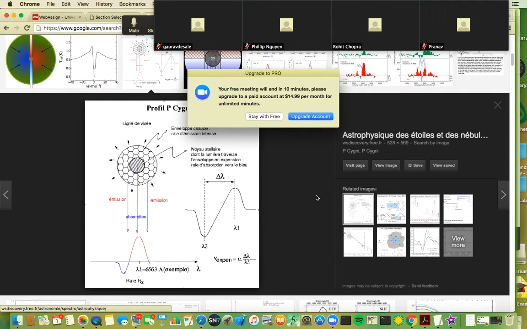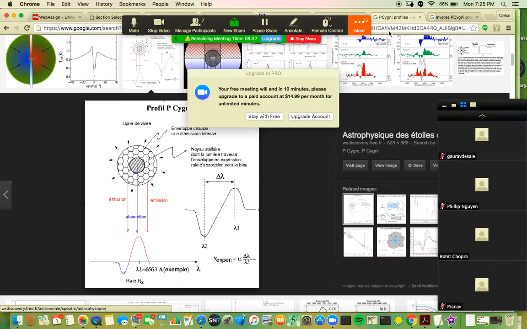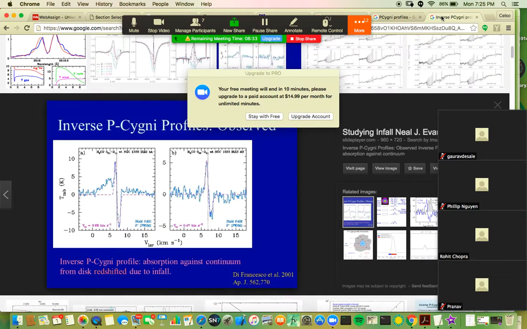Now there is another type of P-Cygni profile that is called inverse P-Cygni profile, where the absorption is now towards longer wavelength. In this type of scenario, the situation is different.